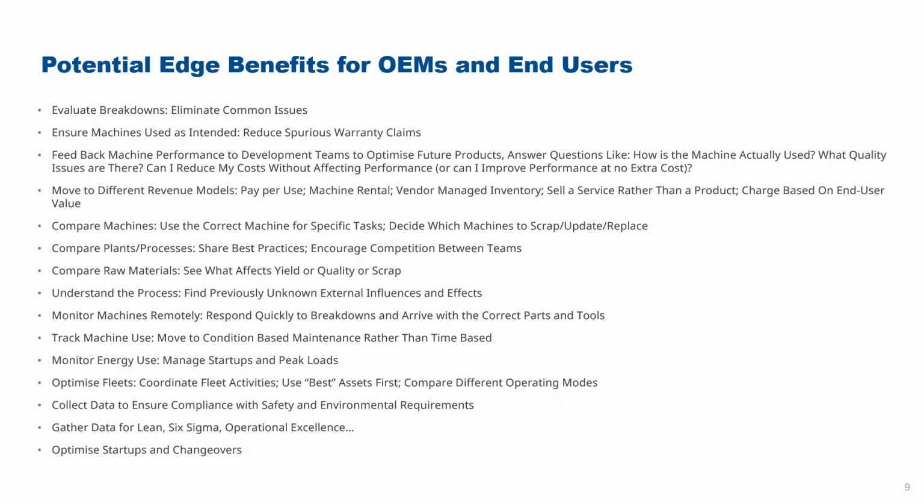Again, it could be that changeovers are associated with scrap, particularly as you start the machine up. There might be scrap to begin with, and then as you close it down. So again, there might be various optimizations you can make there to have improved startups and changeovers to reduce costs in whatever way you need to do it. So there are lots of potential benefits from gathering data, and the way we gather data is by implementing these edge and IoT technologies.